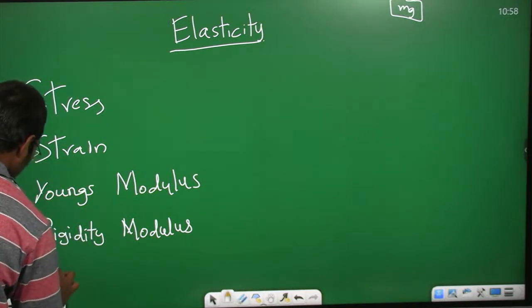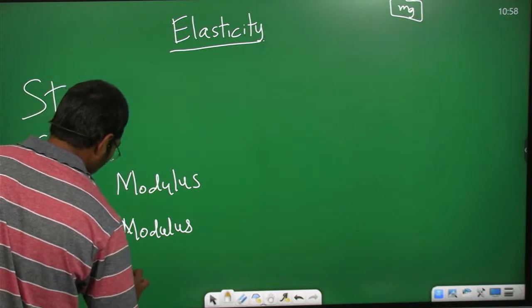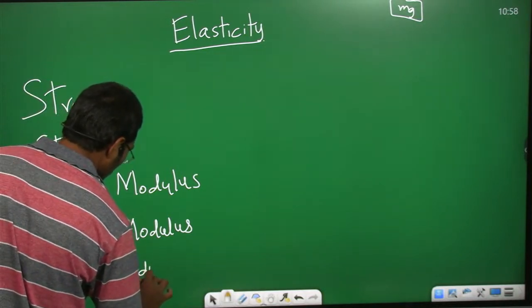Bulk modulus. Try to fill the blanks given, don't sit idle and check whether you are getting it right or not.